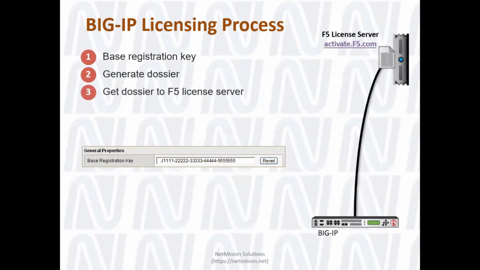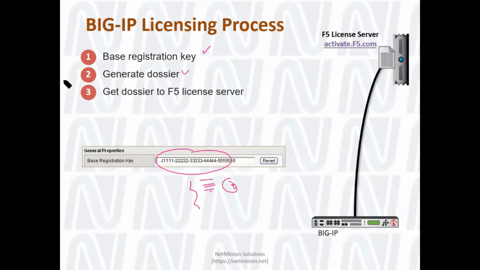Click on enter. Third point, that dossier file you need to manually bring to the F5 license server, or automatically if your device has internet connectivity. So first, you register for the keys over F5. Second, you put the key into your device and it generates a code, which is the dossier.